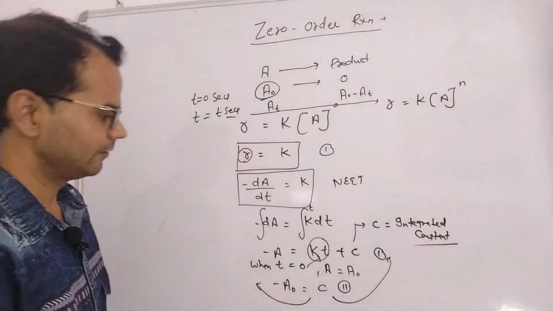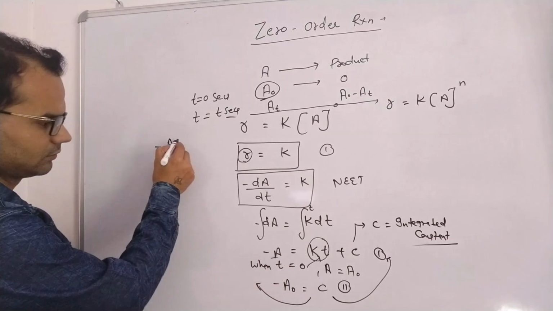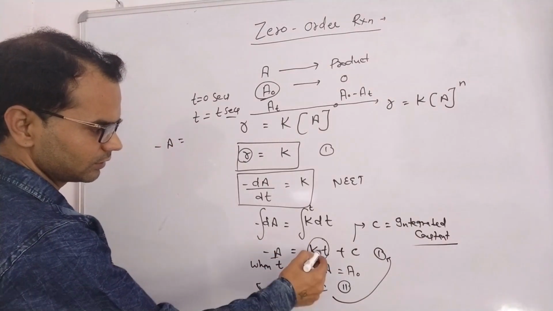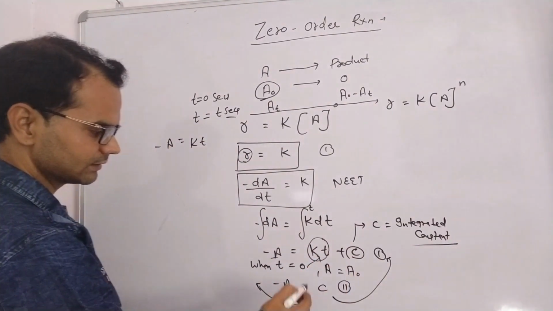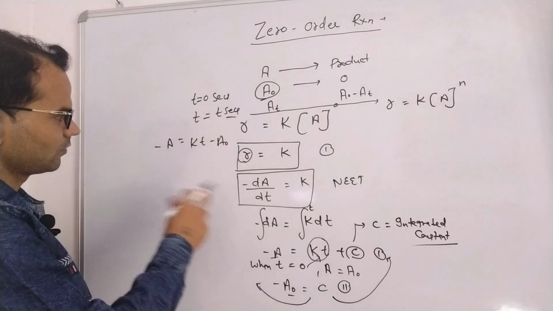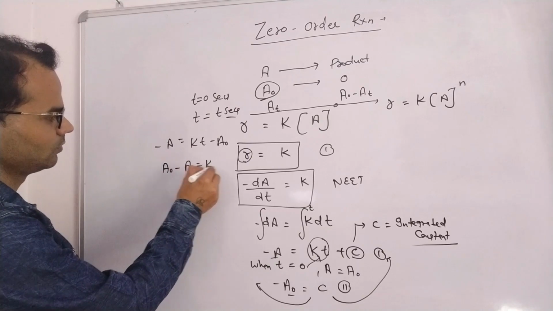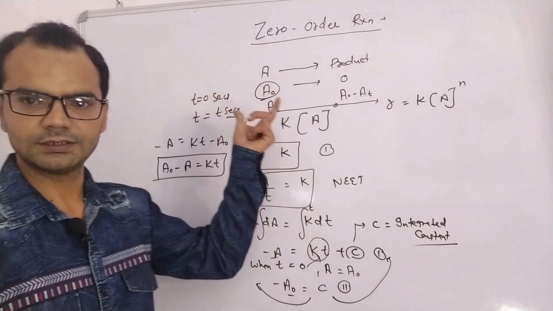So equation will be minus A equal to Kt, value of C is minus A0. We can further solve it. A0 minus A equal to Kt. This is for a zero order reaction.